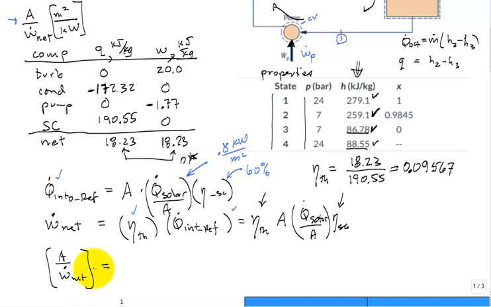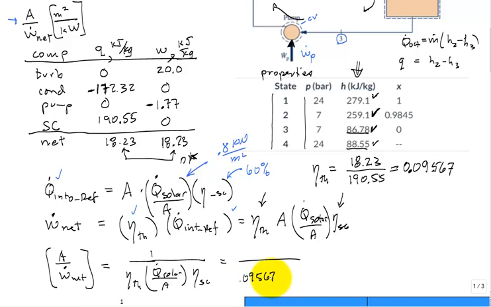So if I rearrange this equation, I'll have the area divided by W dot net is equal to 1 over the thermal efficiency, Q dot solar over the area, and then the solar collector efficiency. So let's plug in some numbers. This is 0.09567 dimensionless. This is our 0.8 kilowatts per meter squared.